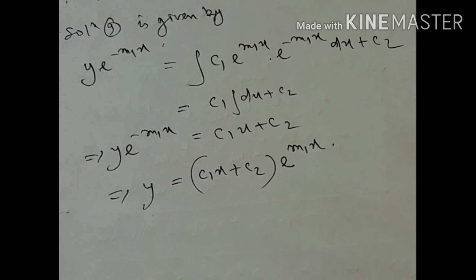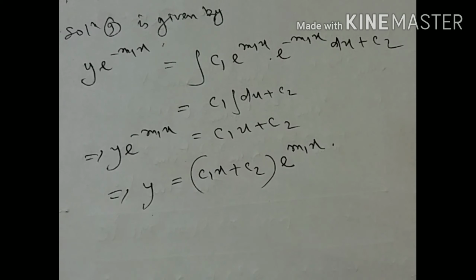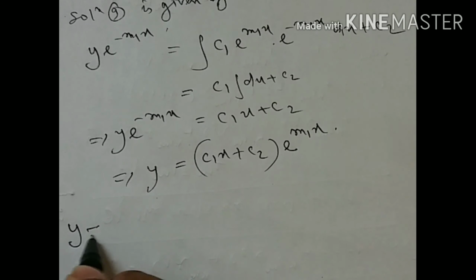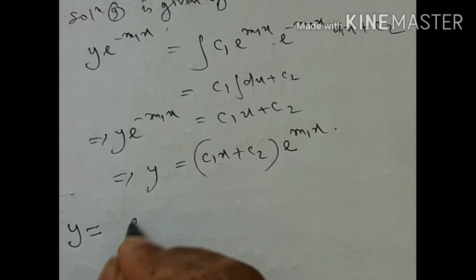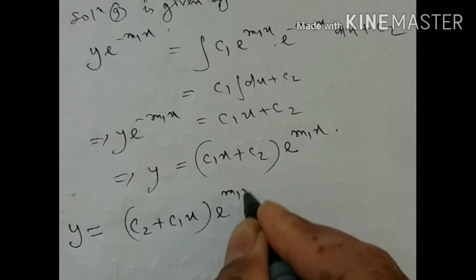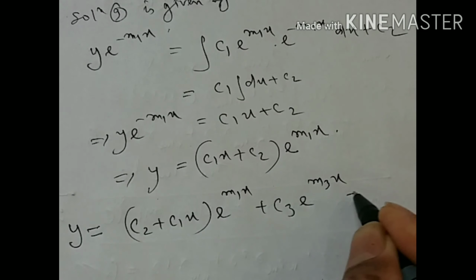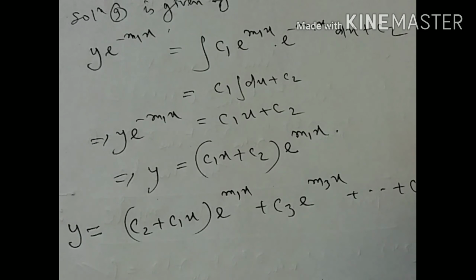So the general solution of 1, that is f(D)y equals X, when the right hand side is 0, is given by y equals (c2 plus c1x) e to the power m1x plus c3 e to the power m3x up to cn e to the power mnx.